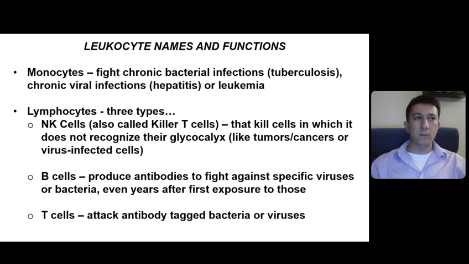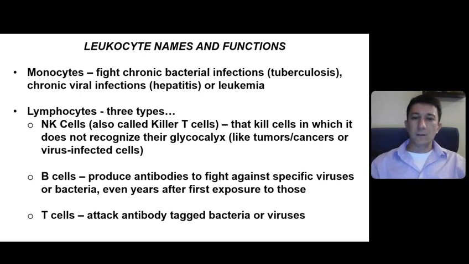So often what we get when cancers or tumors develop is that the glycocalyx of our own cells that have become cancerous will change their glycocalyx, and the NK cells, or the killer T cells, will specifically target and destroy those. They will also target virus-infected cells as well, because virus-infected cells in our body will often change their glycocalyx as kind of a warning marker to the immune system that something's not right in that particular cell.